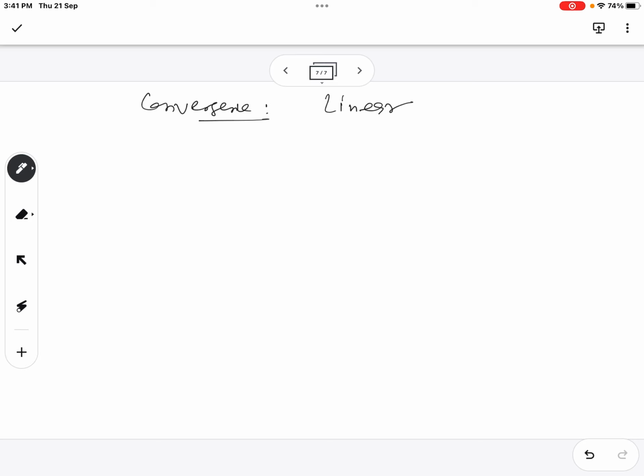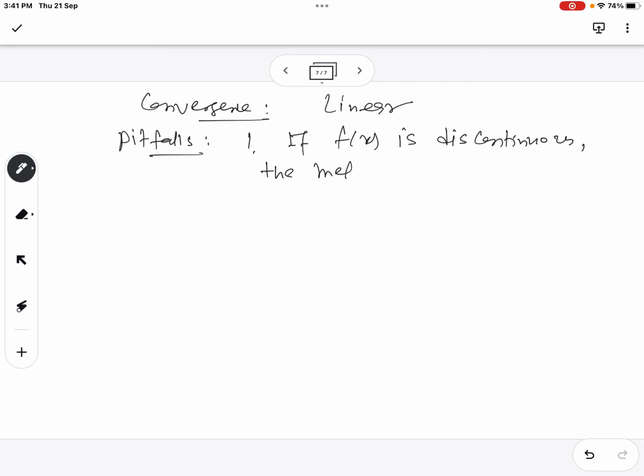Now there are certain pitfalls of this method. Number one pitfall is that if the function is discontinuous, then the method may fail.